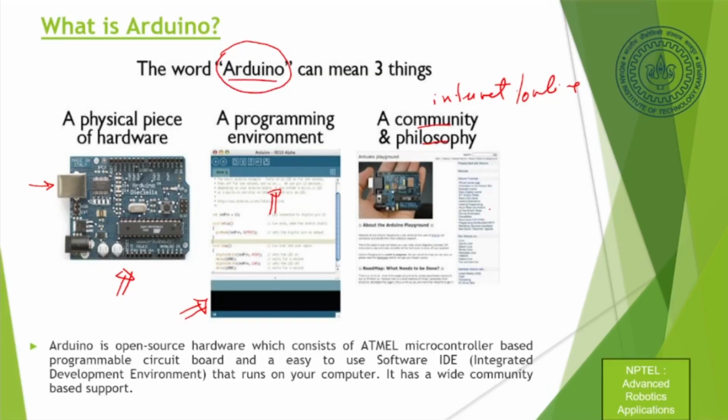If somebody finds a bug on something, they will report it. So there is a general community of Arduino users online. So all of these three things are there. One is the hardware. The second is the program, on which you write the program and download it onto the Arduino. And third, there is a community of all users who are online and they keep discussing.